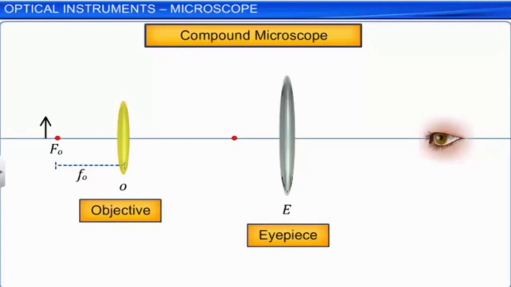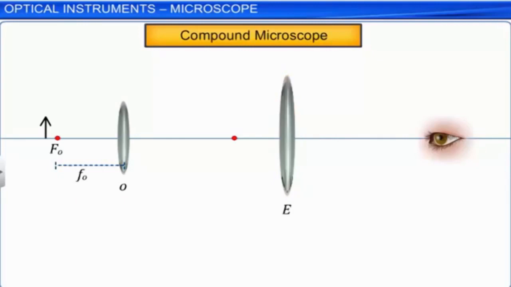Let a small object AB be placed at a distance that is just greater than the focal length of the objective F_O. When the light rays from the object are incident on the objective, it forms an image A'B', which is real, inverted, and magnified.